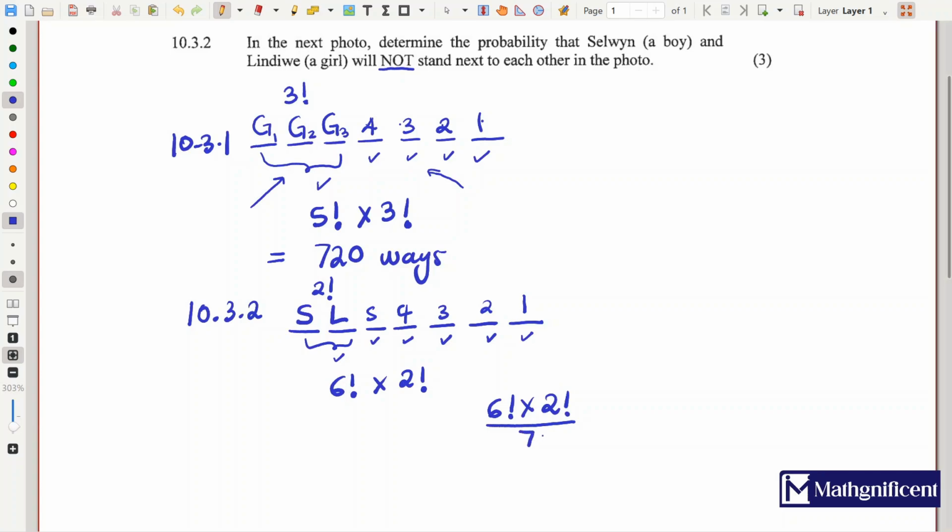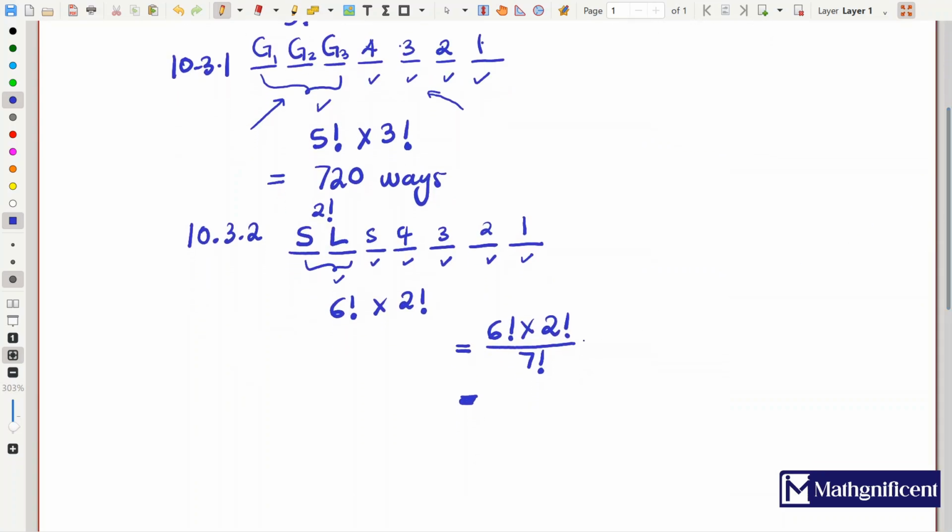So remember that this is the probability that they stand next to each other. So now let me just write the answer.